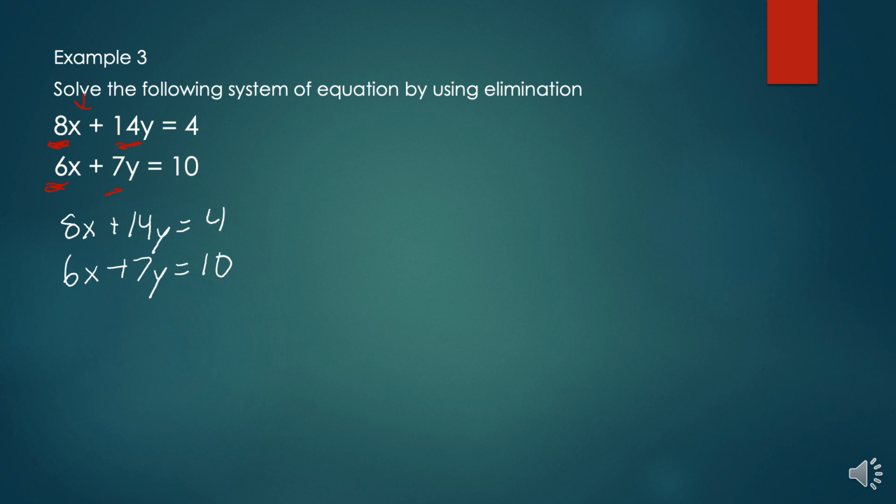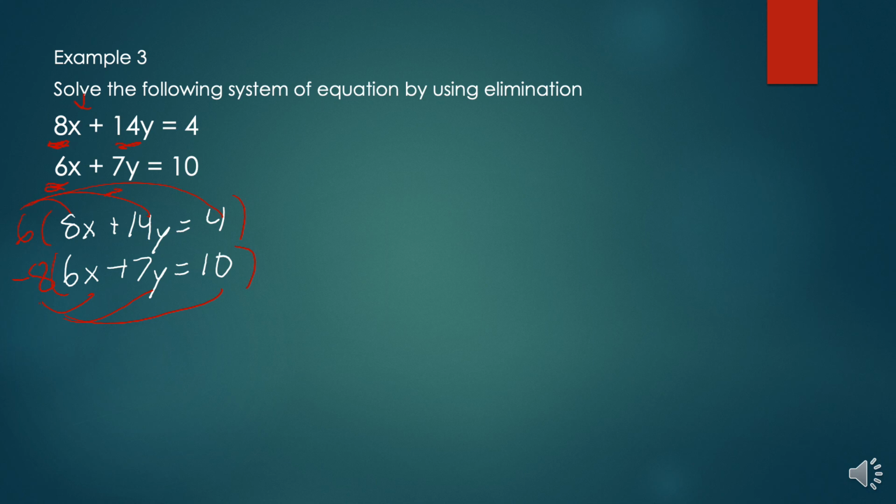So, in order to get opposite coefficients on the x's, I'm going to multiply by 6 here, and I'm going to multiply by -8 here. The reason I'm using a negative is so that when I combine like terms, they do subtract. I'm going to multiply this, this, and this, and distribute this number to all of these.